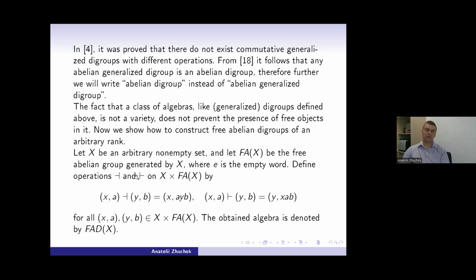The fact that a class of algebras like the generalized groups defined above is not a variety does not prevent the presence of free objects in it. Now we show how to construct free abelian groups of arbitrary rank. Here is our construction: we have a free abelian group generated by X with unit E, and on the product X times FA we define two operations.